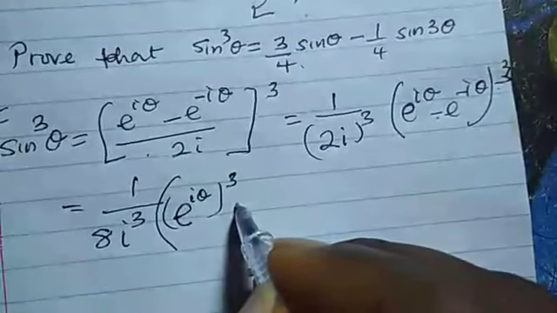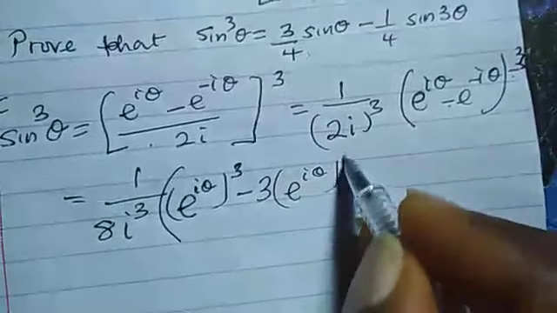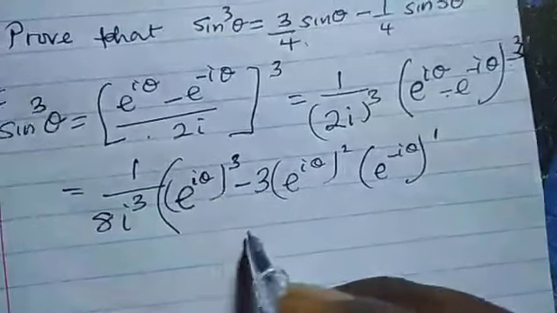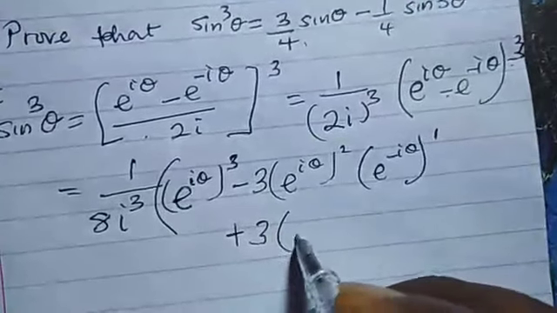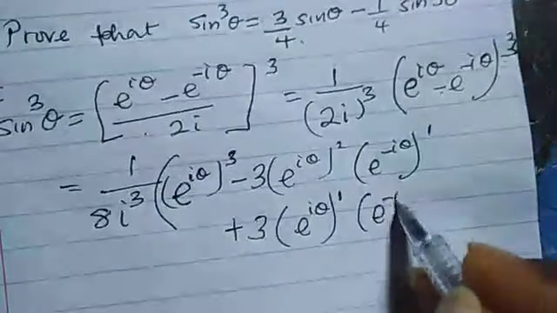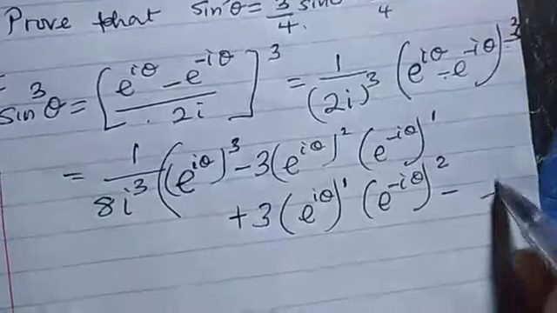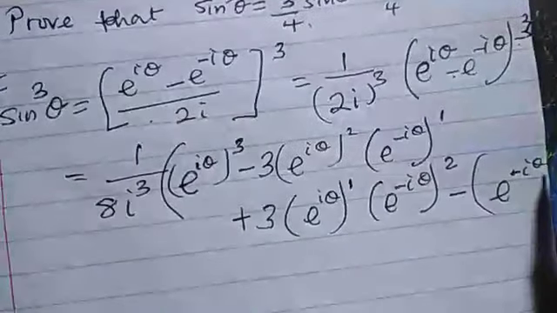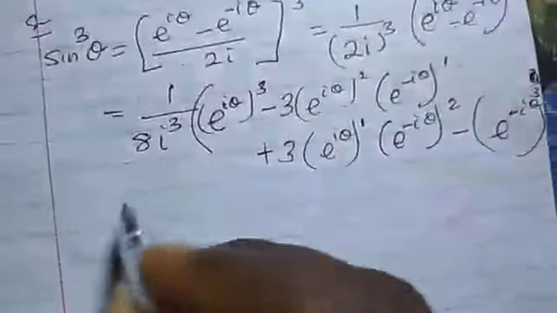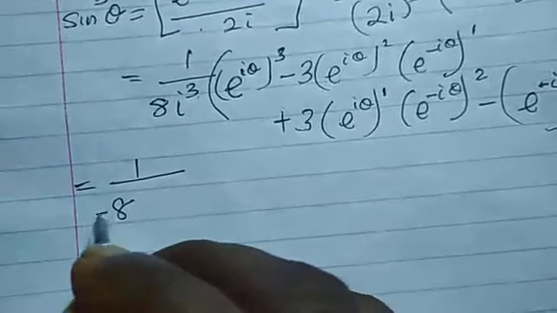This is exponential i theta cubed, minus 3 exponential i theta squared times exponential minus i theta, plus 3, if you use a Pascal triangle, this is 1, exponential i theta times exponential minus i theta squared, and finally minus exponential minus i theta cubed. There's a power of 3 here. Don't forget, we have treated i cube. i cube is the same thing as minus i.